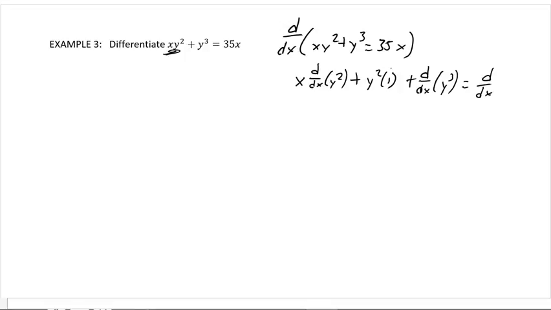So it'd be x, and the derivative here is 2y, and we have to tack on that y prime to cancel out the dy, plus y squared, plus the derivative here is 3y squared times y prime equals, and the derivative here is 35.